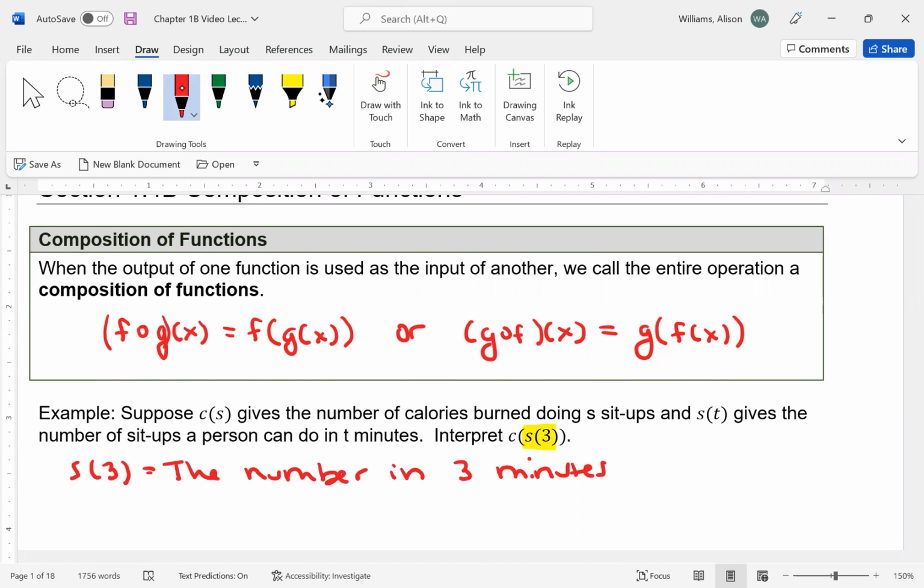If I take that number and plug it into C of S, so C of S of 3, I'm plugging that into the calories function. That means this is going to tell me how many calories are burned in that 3-minute period.